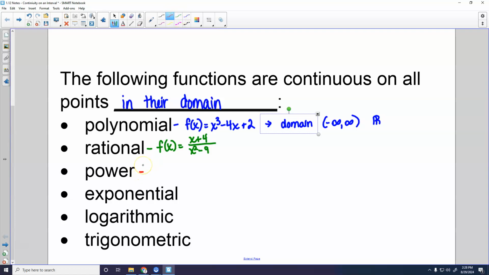A power function is going to be like f of x equals x to the n power. And it may initially look like that is just a polynomial because you've got x raised to a power.